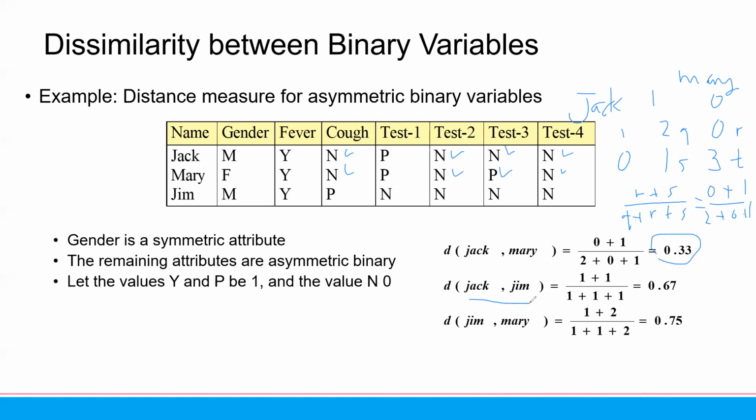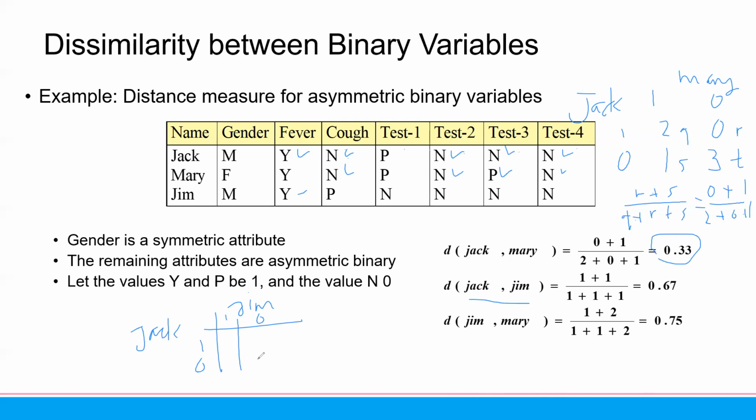What about Jack and Jim? You can do the same. Jack and Jim: 1, 0, 0. They both have fever, and then cough, test 1, test 2, test 3, test 4.